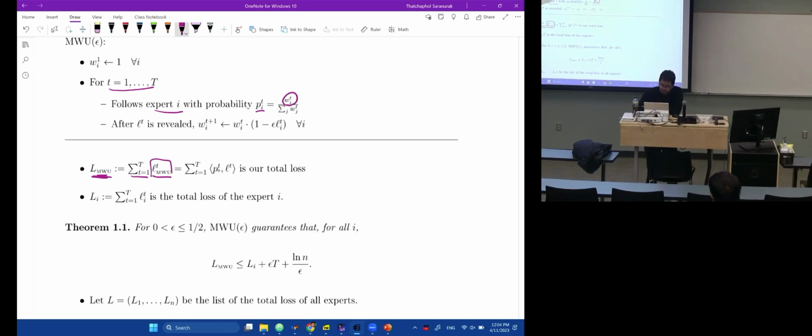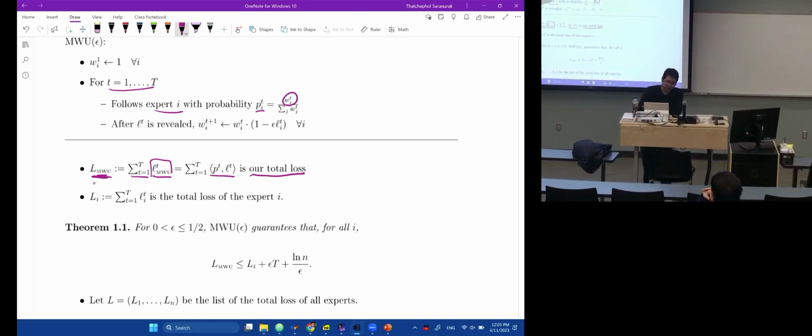This is just the inner product between the probability and the loss vector. Okay. This is from last class. You think of this as the expected loss when you choose the distribution P, and this is the loss vector. This is your expected loss on day t. So summing over all of these is just our total loss.